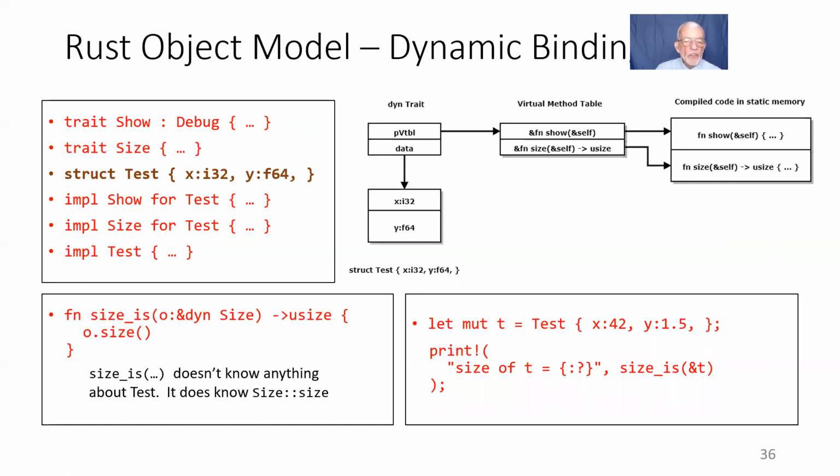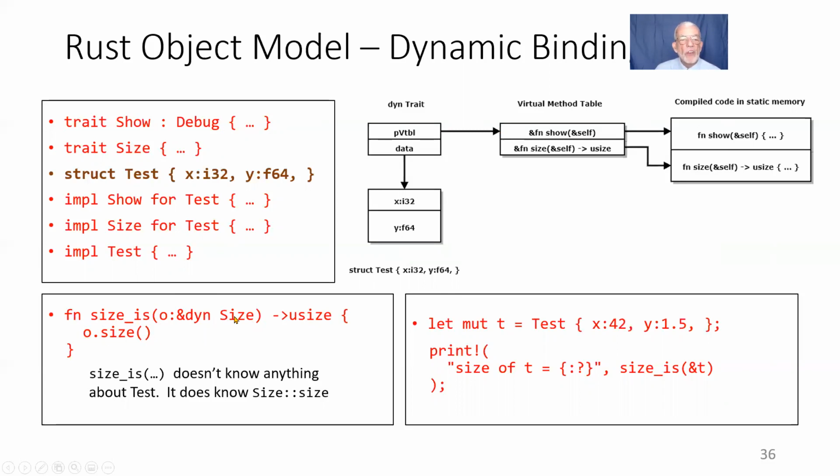So let's forget the diagram for a minute. Let's look at this function. Function size is some object of dyn Size, and it's going to return a size. I am just using that o.size function.